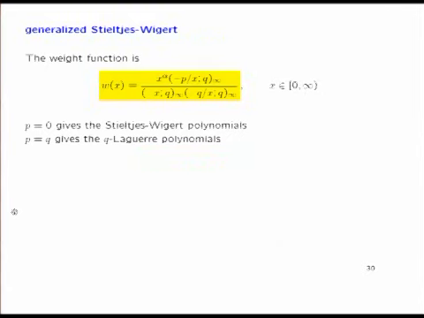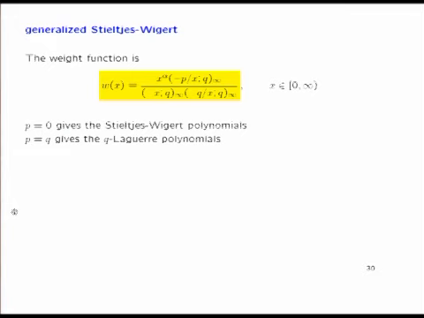And let's see, one more extension, which is called generalized Stieltjes-Wigert, is this one. You even put in this q factorial in the top. This is really what Chihara calls generalized Stieltjes-Wigert. And the p, if you take p equal to 0, you get the previous one. If you put p equal to q, this and this cancel, you get Q Laguerre. Okay?